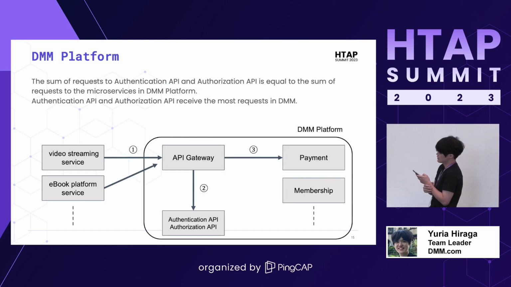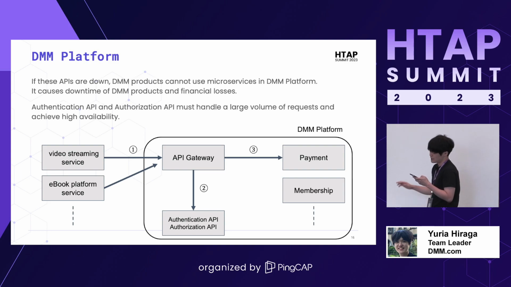The sum of requests to authentication API and authorization API is equal to the sum of requests to the microservices in DMM Platform. Authentication API and authorization API receive the most requests in DMM.